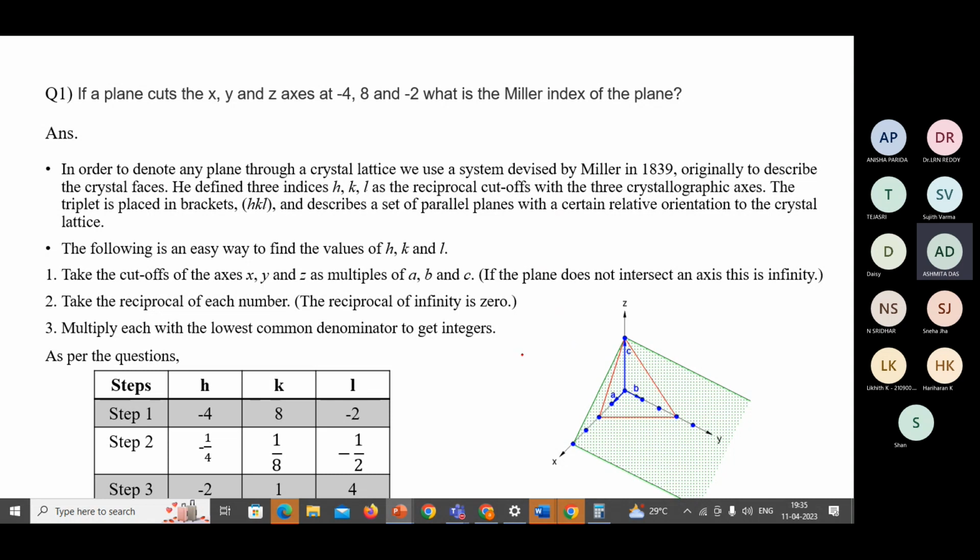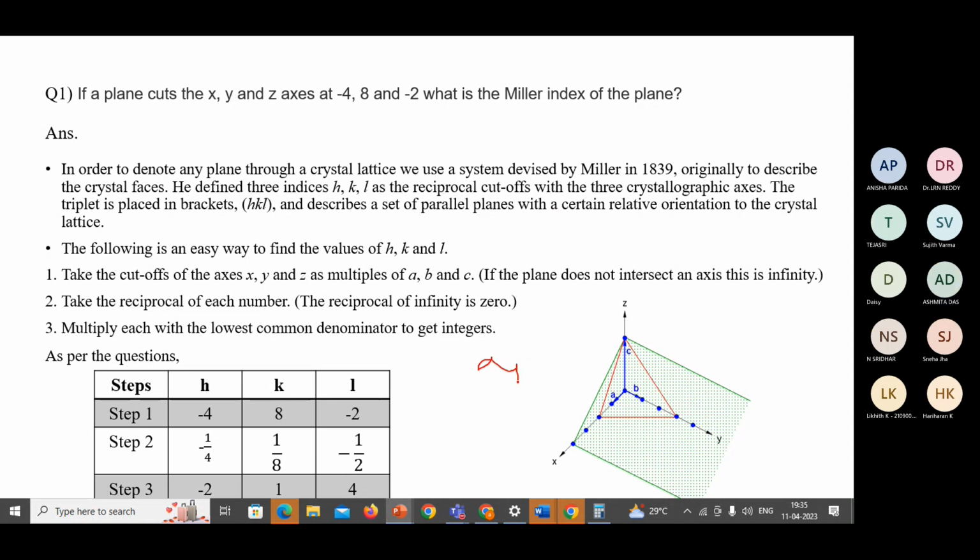So here the three cutoffs will be A, B, and C. Now suppose it goes parallel, it cuts only at point A and point C, but does not cut at point B in the y-axis.